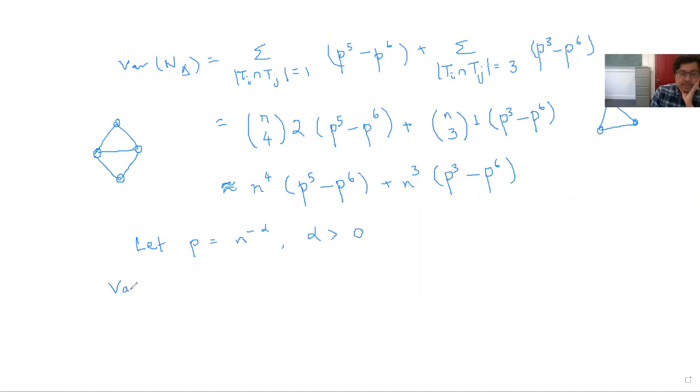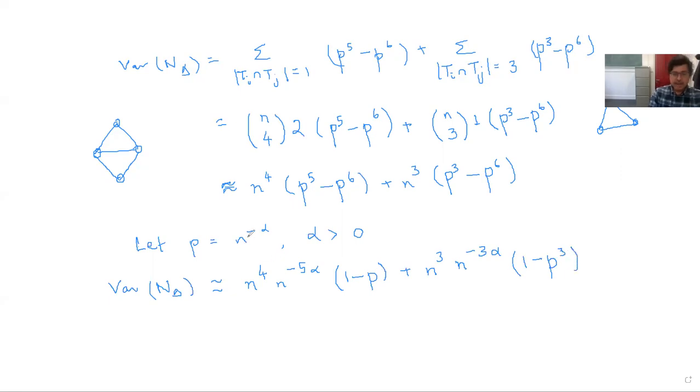Then the variance of the number of triangles is approximately n to the 4. p to the 5 is n to the minus 5 alpha. And then let me write 1 minus p, plus n cubed. p cubed is n to the minus 3 alpha. And then let me write this as 1 minus p cubed.